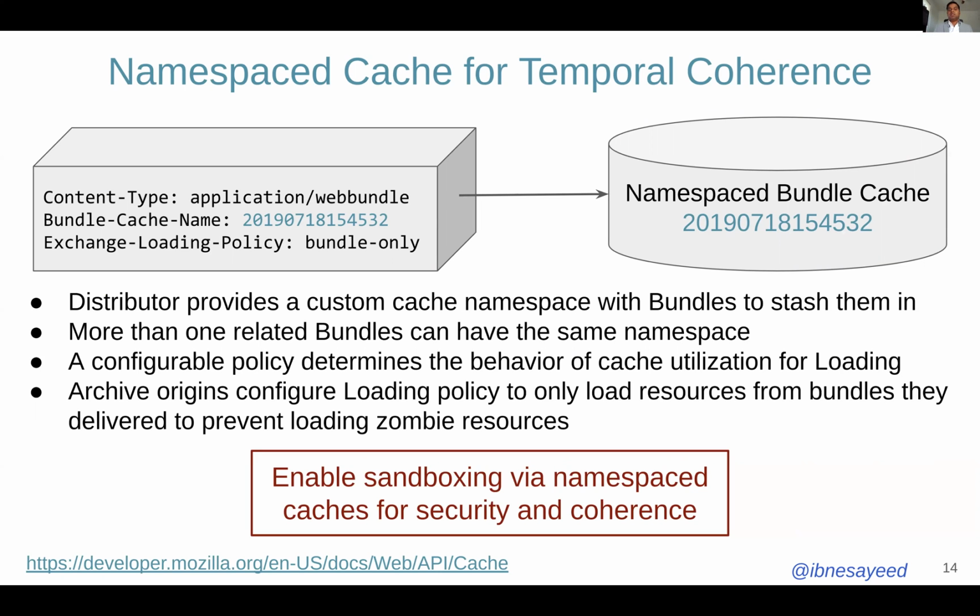And the server says to the client that the exchange should load only from this bundle and not from anywhere else. So that way, the server decides for each composite memento a separate cache namespace and loads resources in there. That's how the name collisions will not happen.